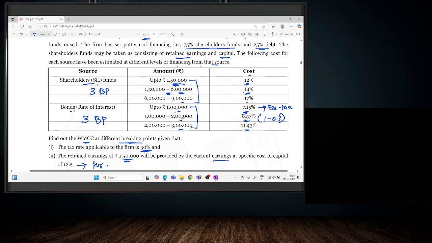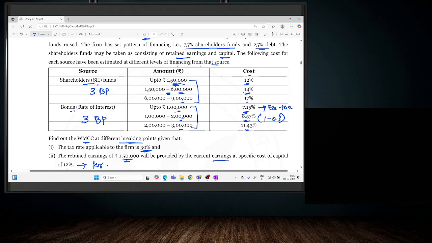12%, which means before issuing share capital, the company can use shareholders fund of up to 1,50,000 at 12%. Beyond that, if they want to raise additional finance by using shareholders fund more than 1,50,000, will their cost of equity change or remain the same? It will change. Why? Because you have to issue new share capital, right? Till 1,50,000 it is 12%, which is the cost of retained earnings.